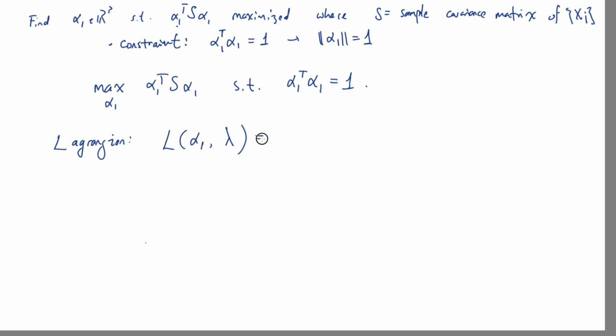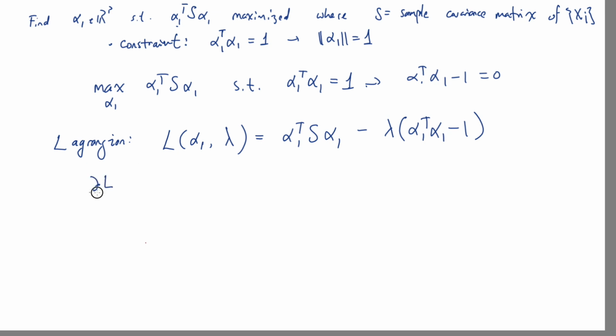And the way this works is that it's the original function minus the constraint. Usually, if you recall, we take the constraint and write it so that it's something equals 0. So this is the constraint, this is the Lagrange variable.